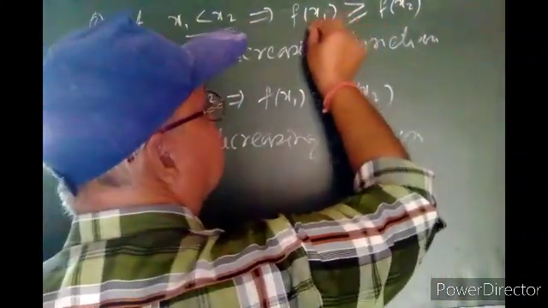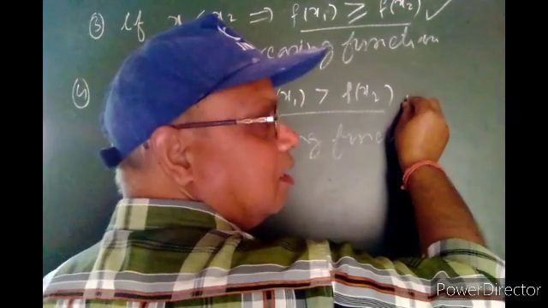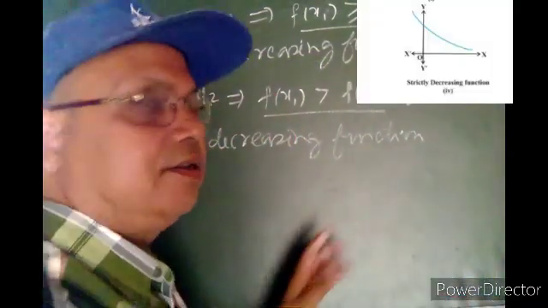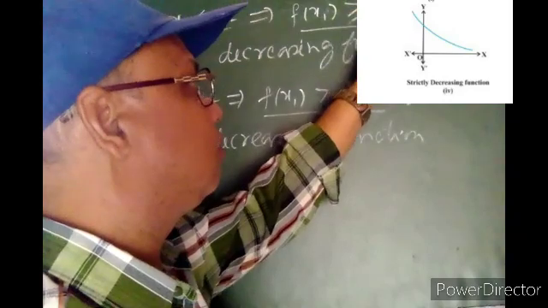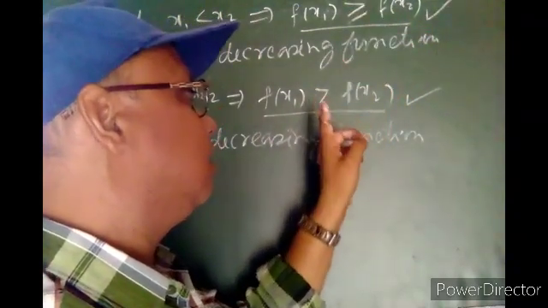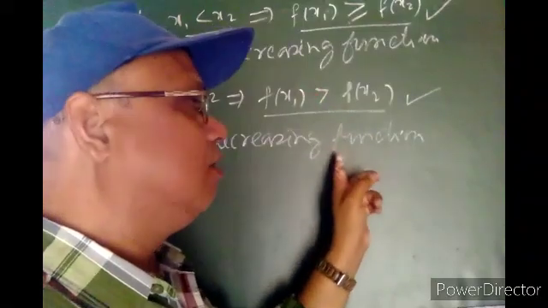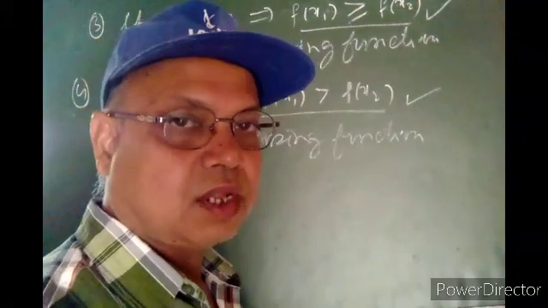If the condition with greater than or equal to holds, this will be simply decreasing, and if the condition with simply greater than holds, it will be a strictly decreasing function. Understood?